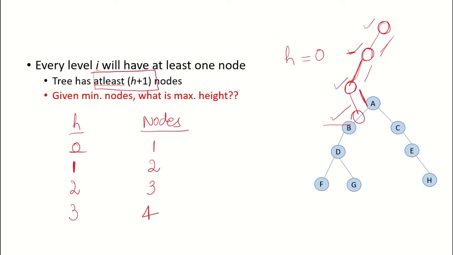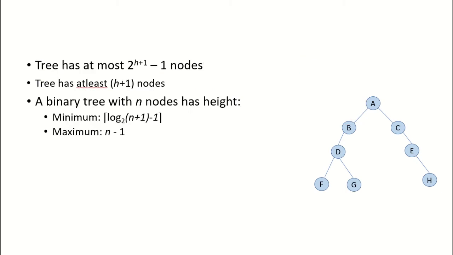So if you see over here, the number of nodes is h plus 1. So we know now that the tree has at most 2^(h+1) minus 1 nodes and the tree has at least h plus 1 nodes.